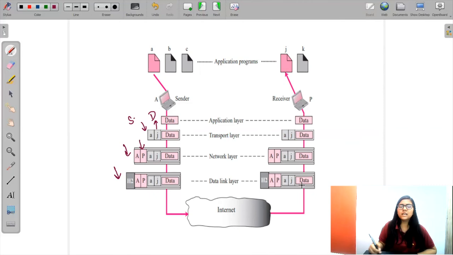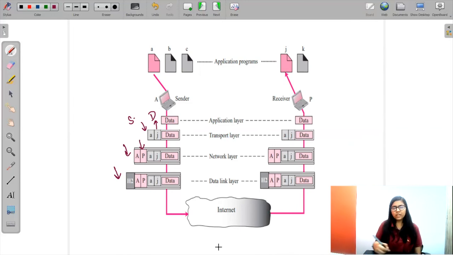I hope with this example you have some clarity about addressing. The data is encapsulated at different levels with the addresses of the host processes or the links.